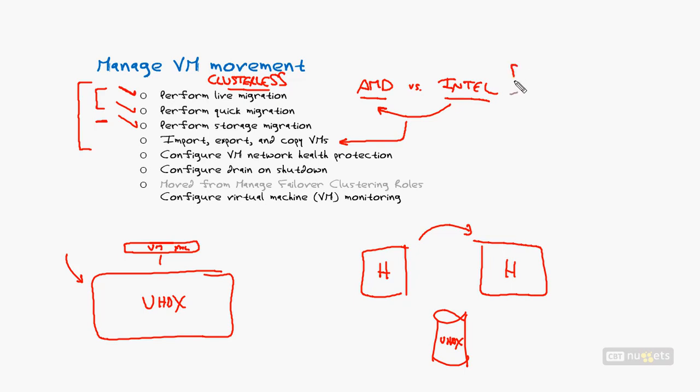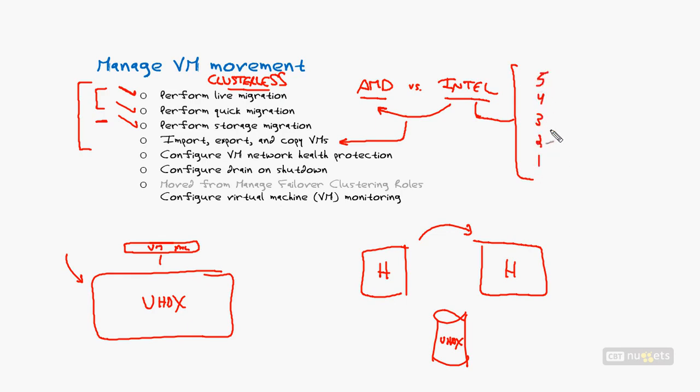Now, inside of Intel or inside of AMD, there are going to be a variety of processor types as well. So your Nehalem, your Westmere, your Sandy Bridge, and so on in the Intel space. I'll just call them generation 1, 2, 3, 4, 5.